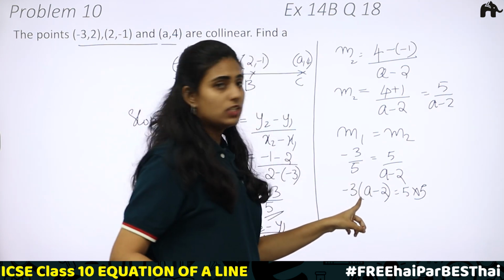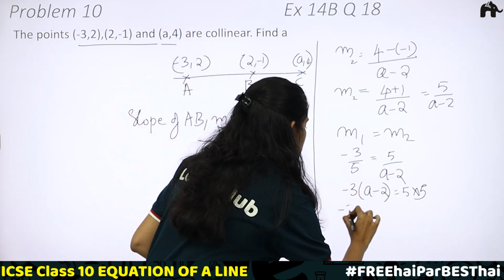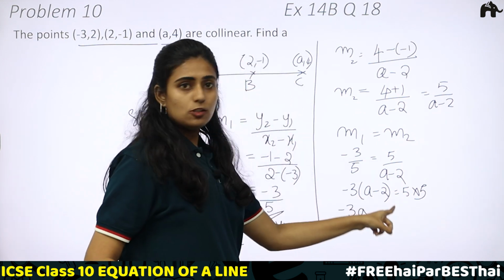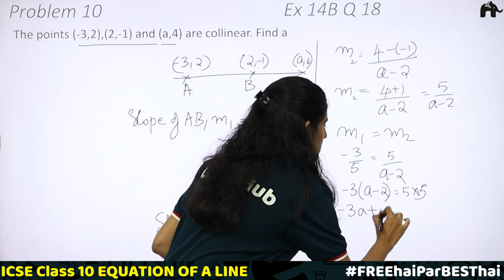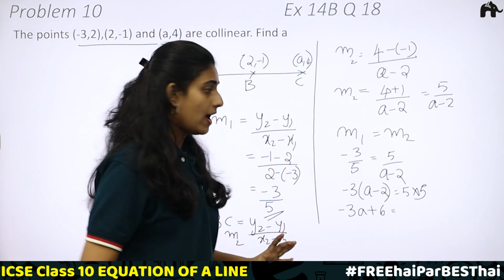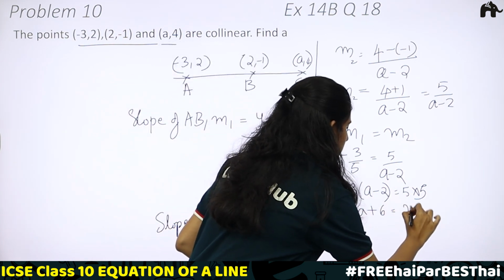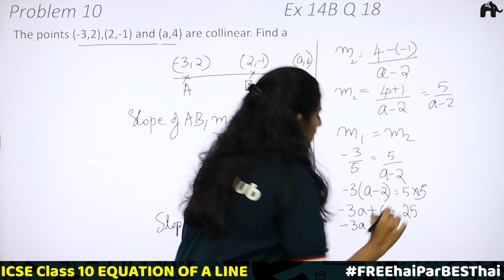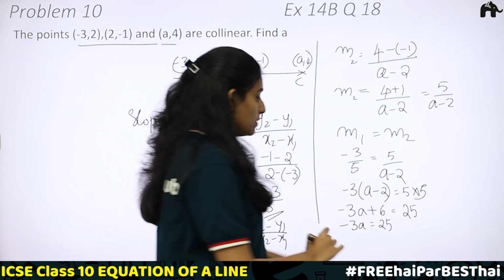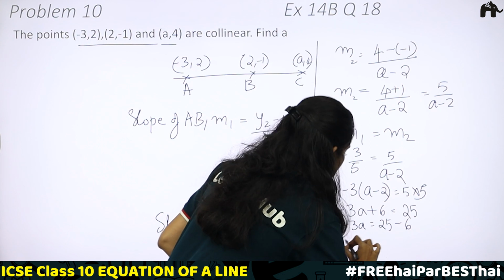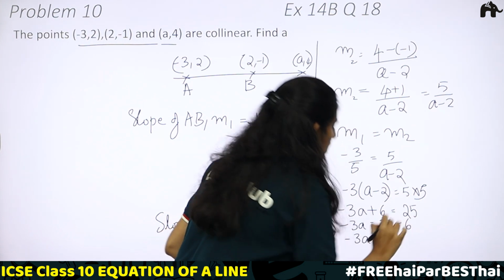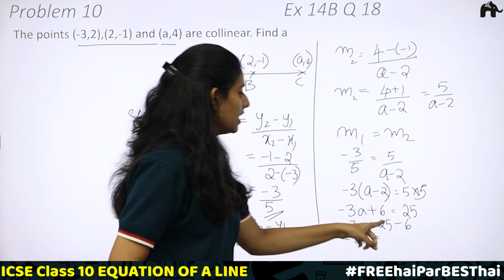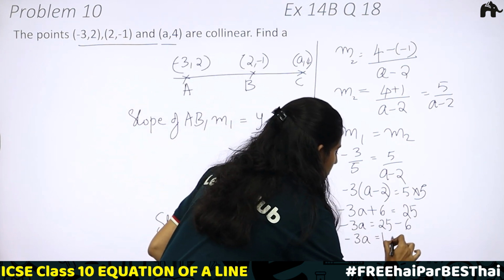Removing the brackets and multiplying, we get -3a, and -3 into -2 is plus 6, equal to 5 into 5, that is 25. Taking this plus 6 to the opposite side, it becomes minus 6. So -3a is equal to 25 minus 6, which is 19.